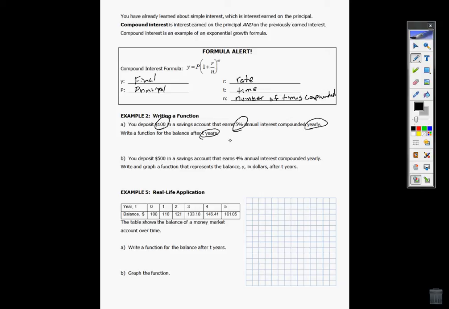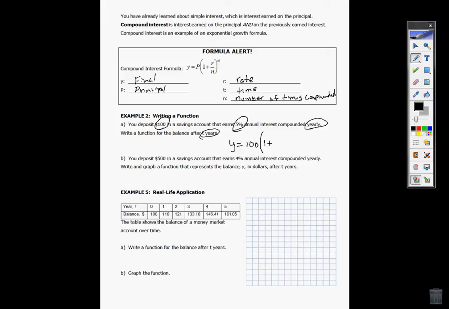So, y, final amount, equals principal, which we said was 100, and then a big parenthesis, 1 plus the rate, which we said was 5%. Now be careful not to put a 5.